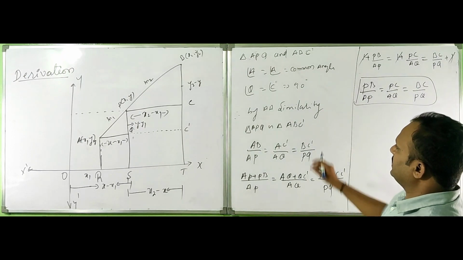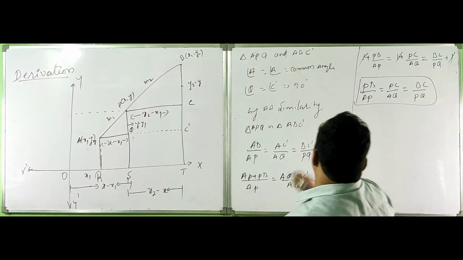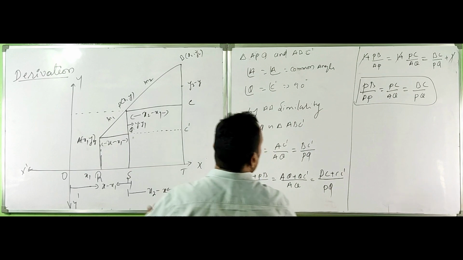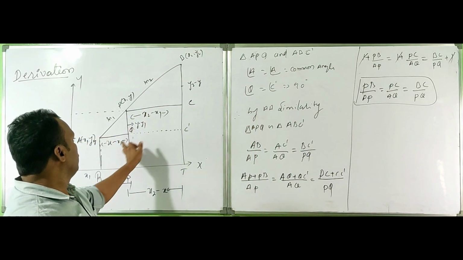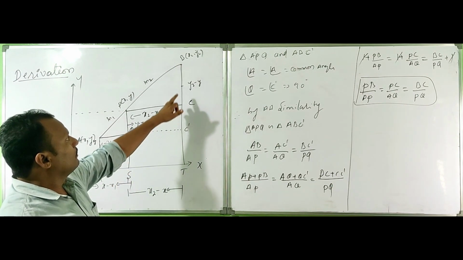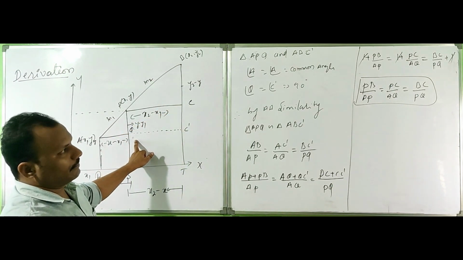See, here I took these steps only for PB by AP, PC by AQ and BC by PQ.